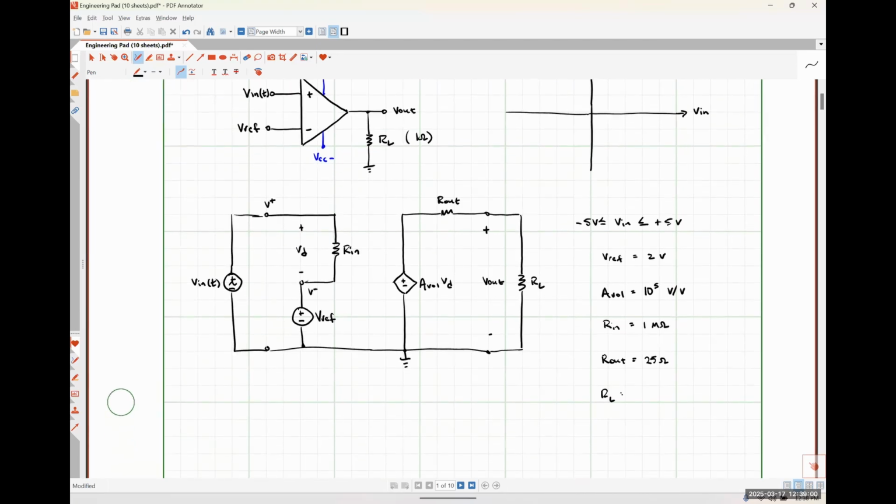And then finally, our load resistance is a 10 kilo-ohm resistor. What I'm trying to get at is that our load resistance RL is much, much greater than our output resistance Rout, so that for that simple output side voltage divider network, effectively all of whatever AOL times VD is should be occurring across the load resistor. The voltage drop across that 25 ohm Rout should be extraordinarily small, in fact so small that we should be able to neglect it. Okay.